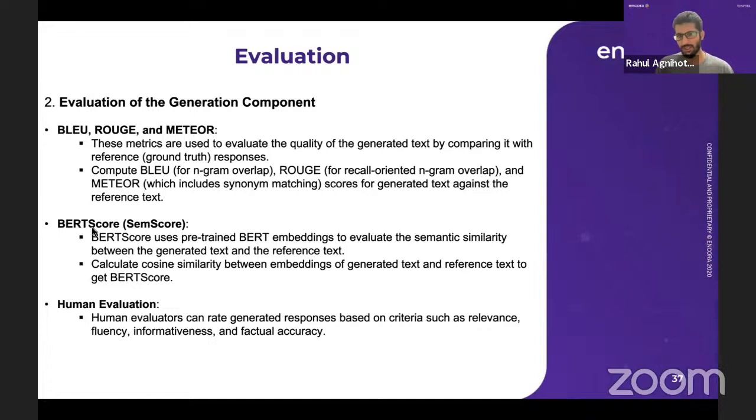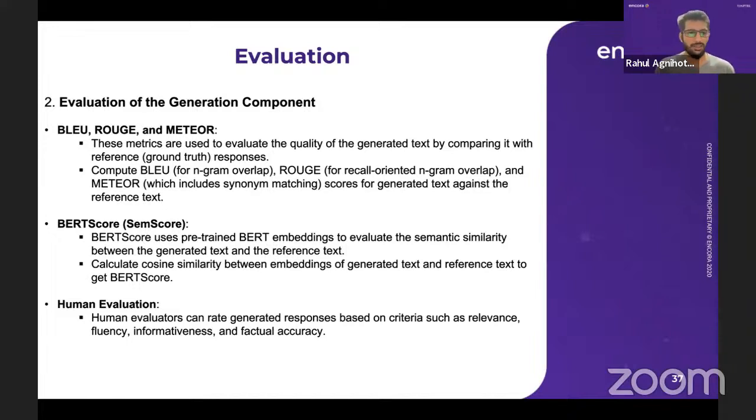BERT is basically an embedding model. You take that model and compare the embeddings of the output from your RAG pipeline and the output which you have already placed in your test data set, and you compare the similarity score between them. In general, it is called a semantic score. If you take a model like BERT, you can call it a BERT score.